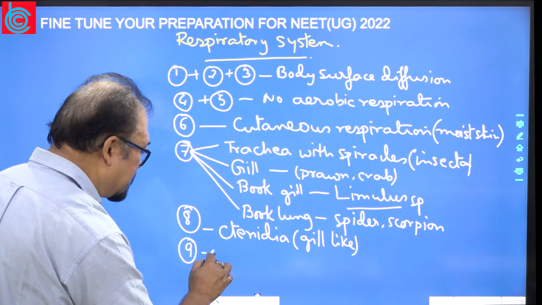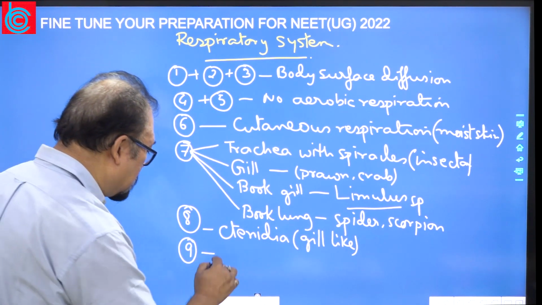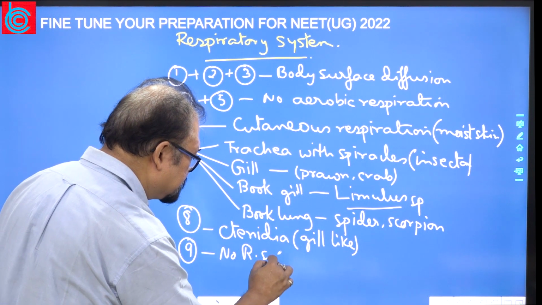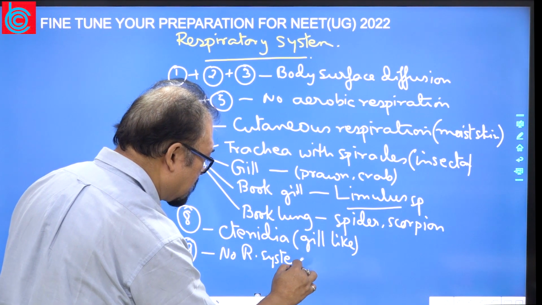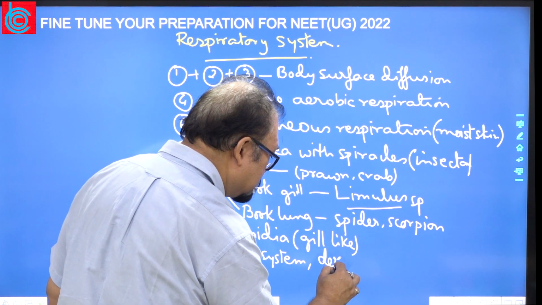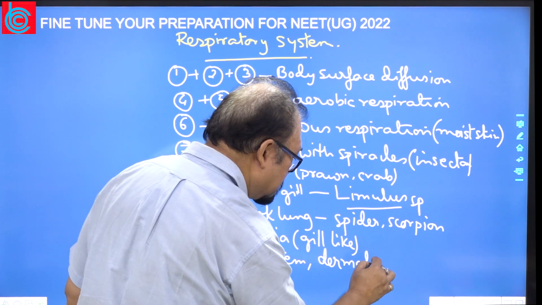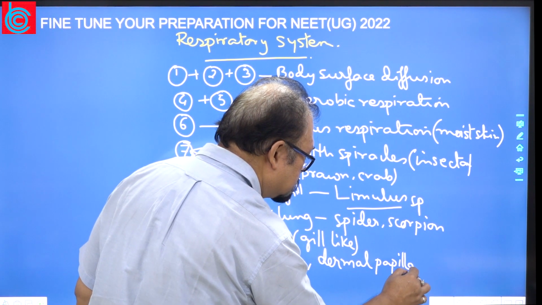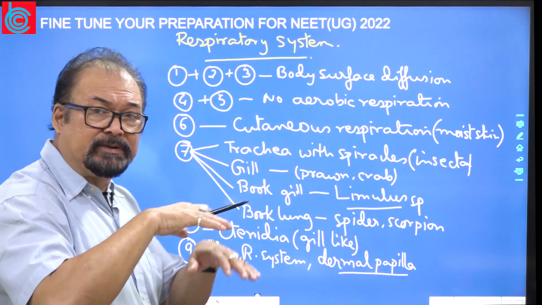Echinodermata, the highest invertebrate phylum: no respiratory system, but dermal papillae. Papilla means projection on the skin.